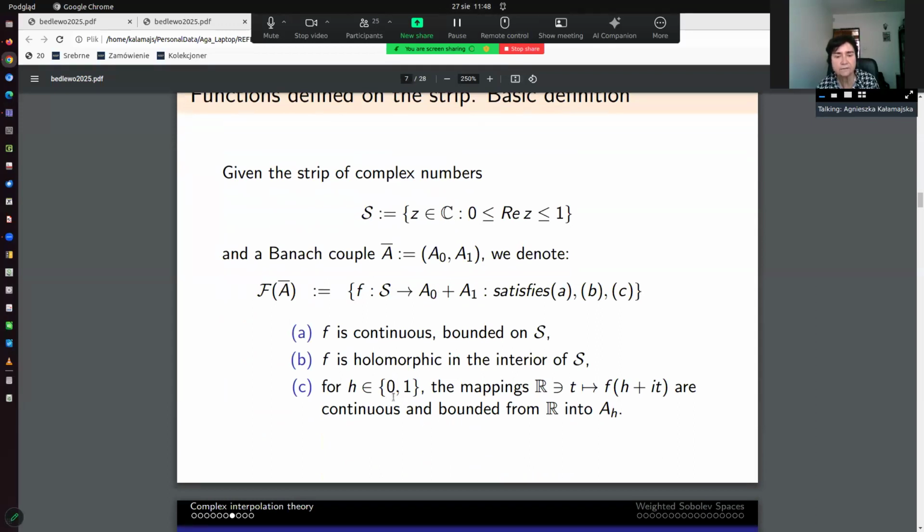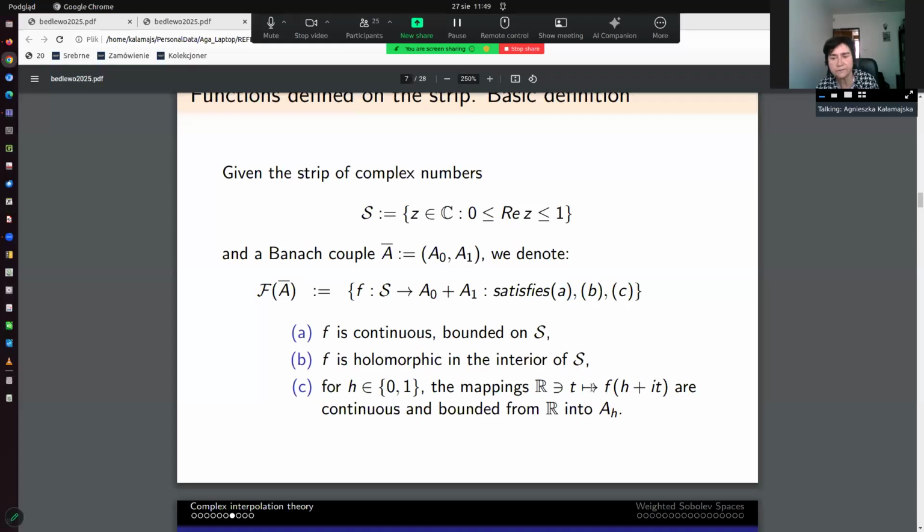Then, if I take h equal to 0 or h equal to 1, I consider the mapping. I take real t and consider F of h plus it. What does it mean? If h is 0, I have F of it, so I am on the left-hand side of that strip. If I take h equal to 1 and consider the function F of 1 plus it, it means that the argument moves on the right-hand side of the strip.